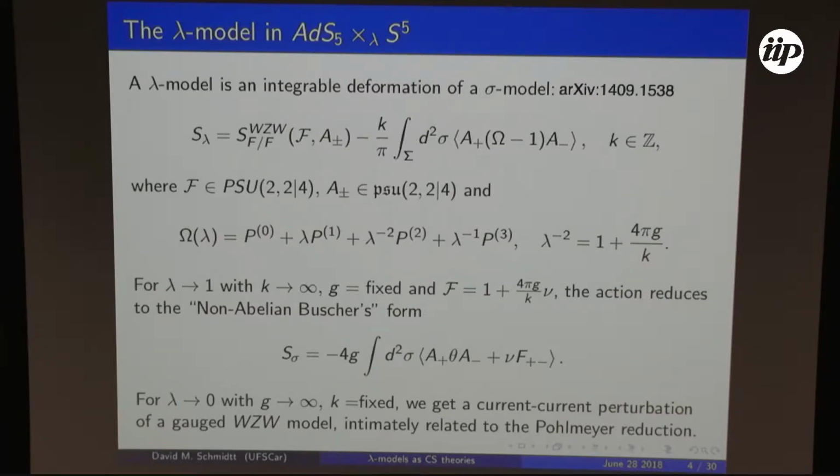The other limit is as lambda goes to 0, so I need to pick big G and K fixed, and in this way I can construct a current perturbation of a gauged WZW model, and that is very close and intimately related to the Pohlmeyer reduction, just as in the Pohlmeyer reduction performed by Grigoriev and Tseytlin.